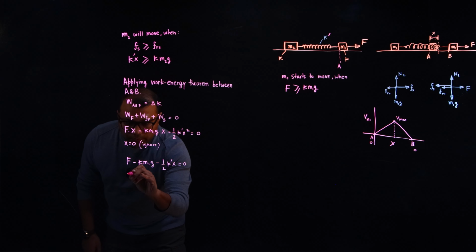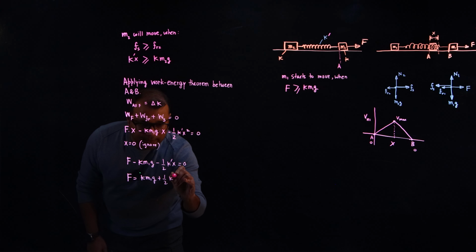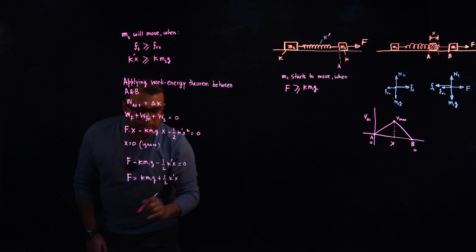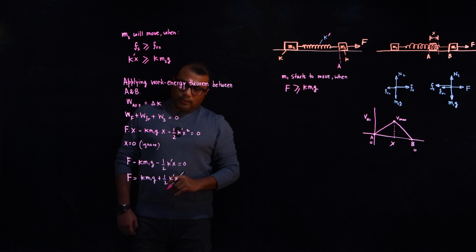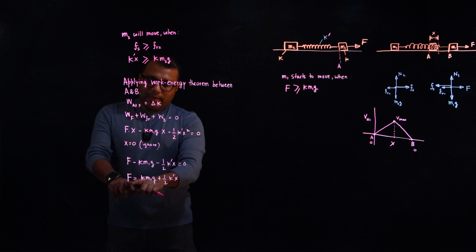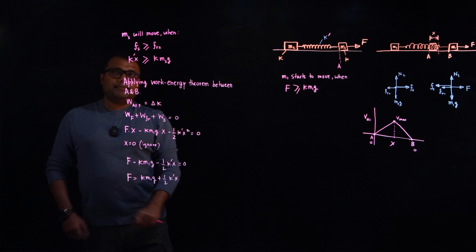Or we can write F is k m1g plus half k dashed x. Now we have represented force as a function of this x.